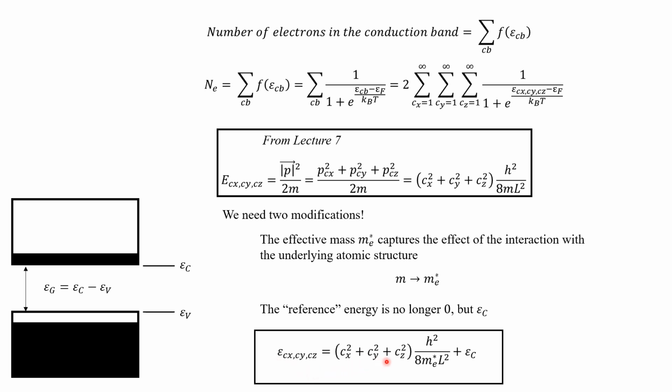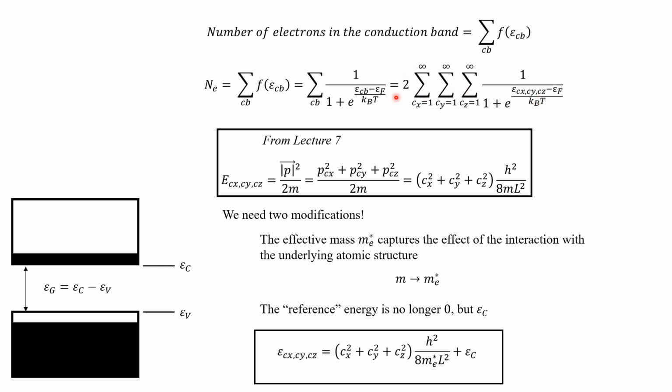So taking this into consideration, this sum is reduced to a triple sum covering all possible combinations of natural numbers, in other words, all orbitals, and this term here is given by this expression. So this is the energy of a given orbital specified by a given combination of natural numbers.